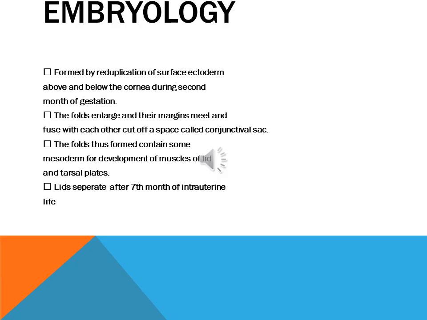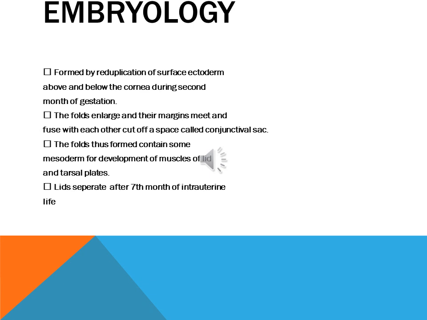The lids develop from the surface ectoderm, a fold of ectoderm which covers the anterior surface of the optic vesicle and then fuses together in front of the eyeball, and later separates to leave the conjunctival space.